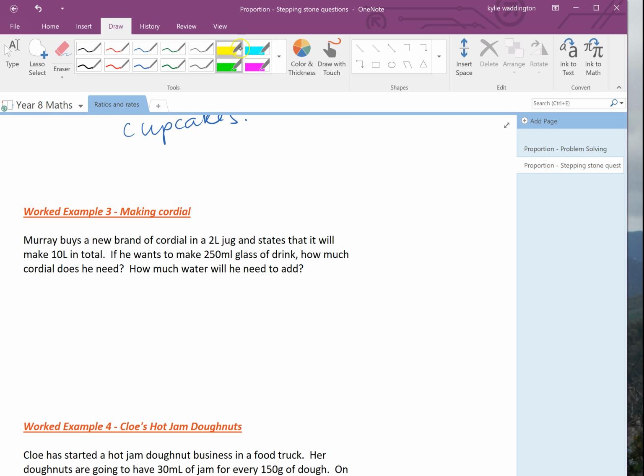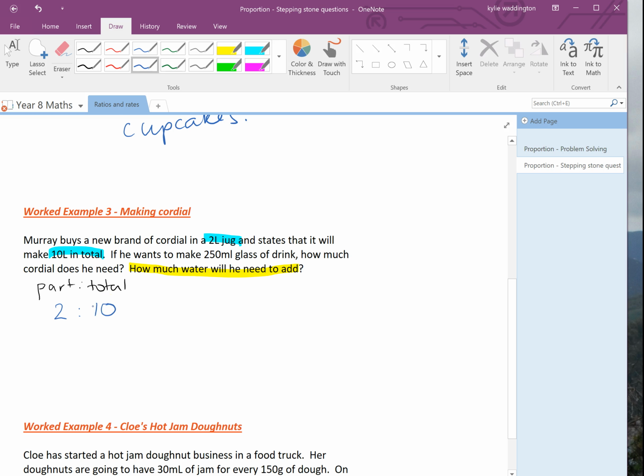Now that second part is actually kind of the challenge part, because we've talked about parts and wholes. So in order to get to that part, we actually need to deal with the information we've been given to begin with. So in this instance, we've got a part to total. So what we do is we take our information that we've been given. 2 litres makes 10 litres.